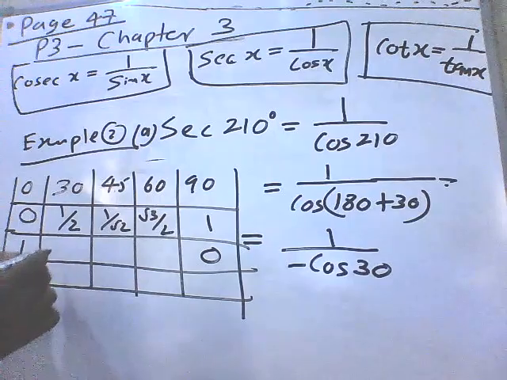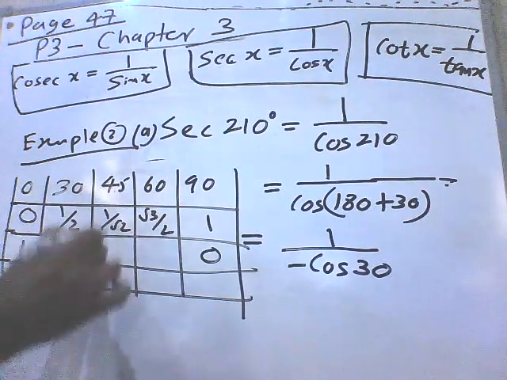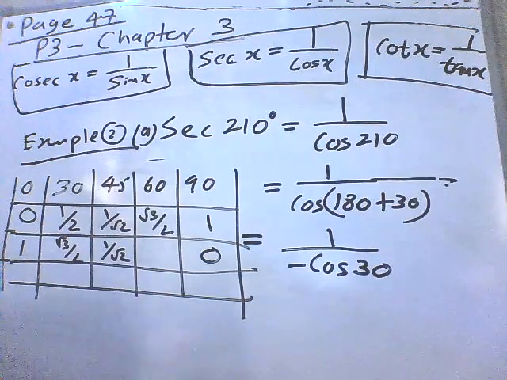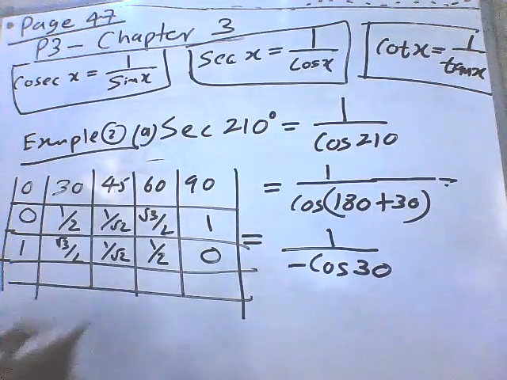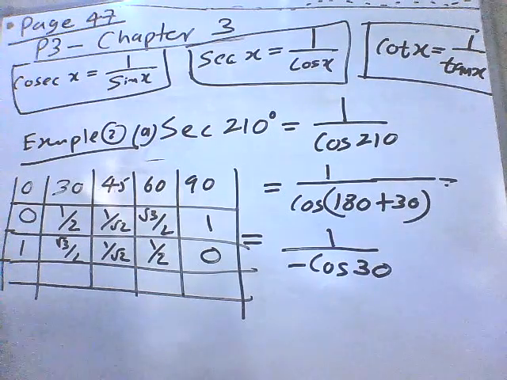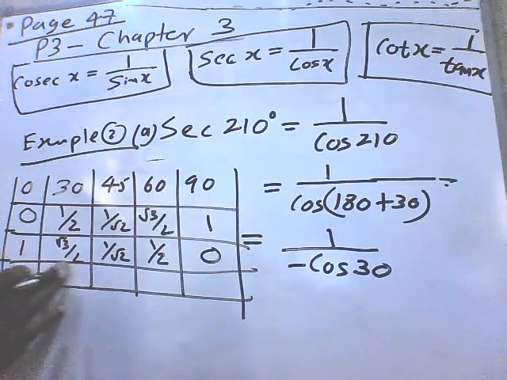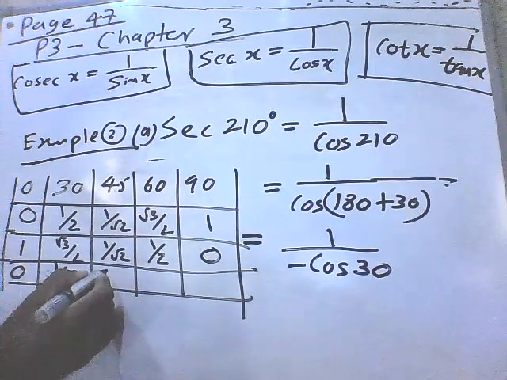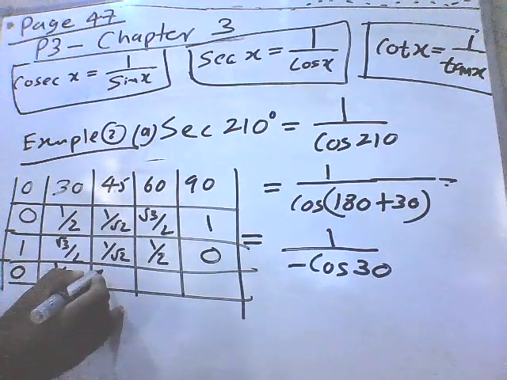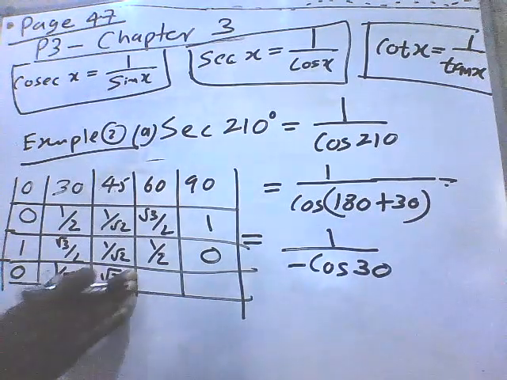Cos 30 is root 3 over 2, cos 45 again 1 over root 2, cos 60 half. You can remember half. And if you take tan, sine over cos, 0 is 0, and tan 30 is 1 over root 3, and tan 45 is 1.